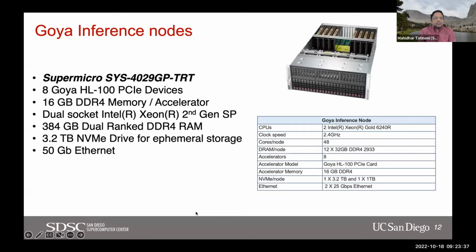On the inference nodes, as I mentioned, we have 8 of these Goya inference cards on each node. Each of the Goya cards has 16 gigabytes of DDR4 memory. Again, this is a dual socket 2nd generation Intel processor, and then you have 384 gig of RAM on each of the nodes. On the inference node, we have 3.2 terabytes of local storage and the same 50 gigabit Ethernet going into the nodes.